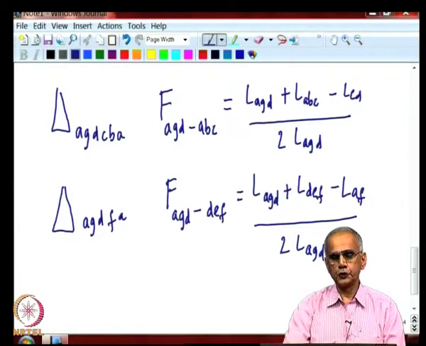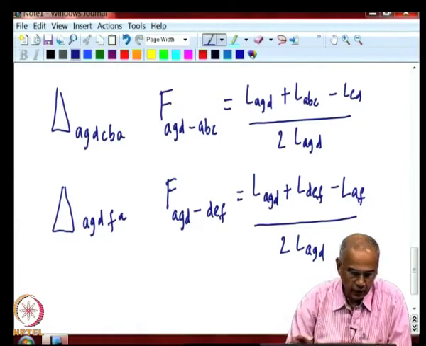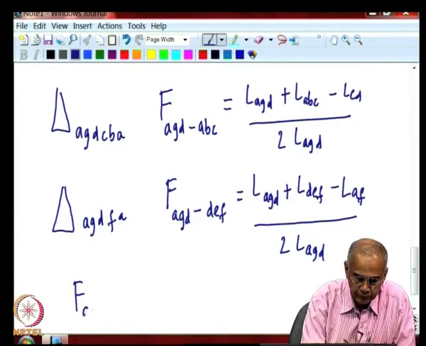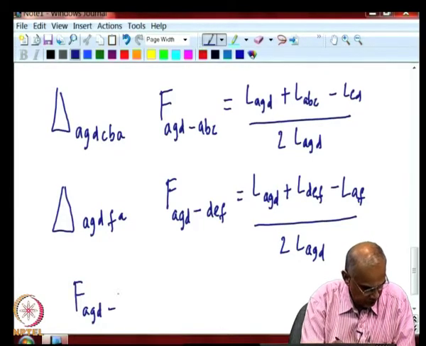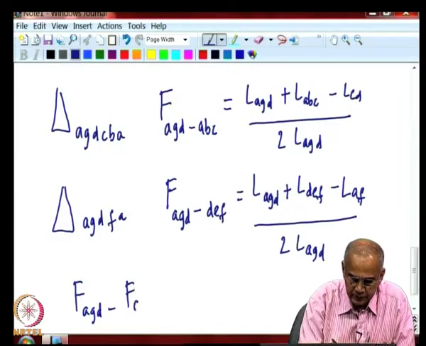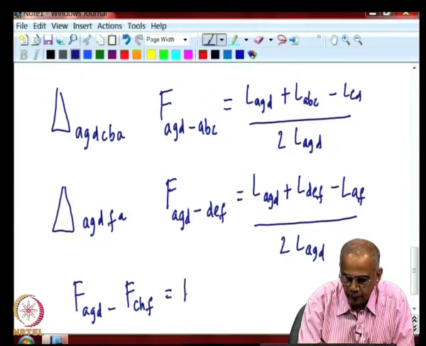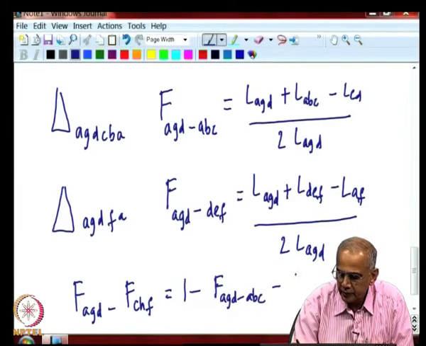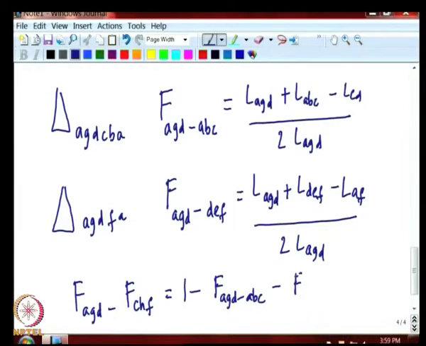Now, why is this so useful? Because now we can write down by applying the first law that F AGD to CHF is equal to 1 minus F AGD to ABC minus F AGD to DEF.